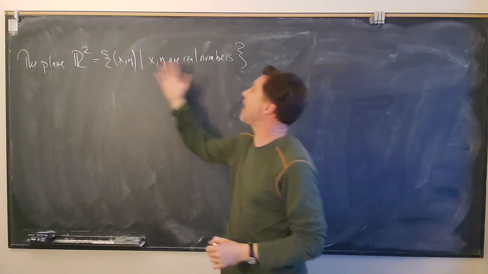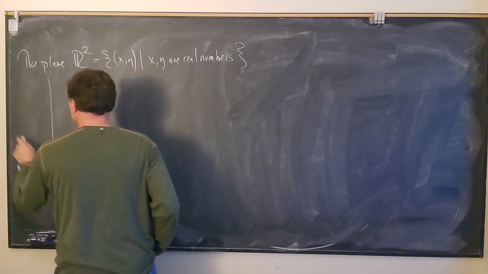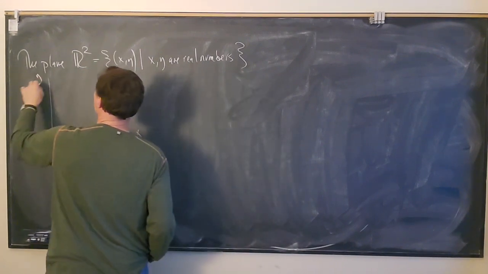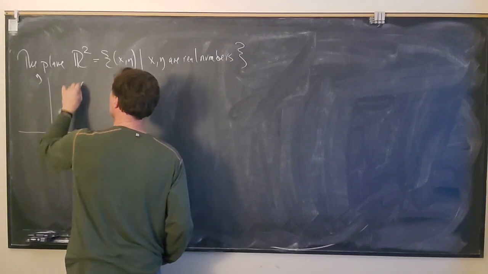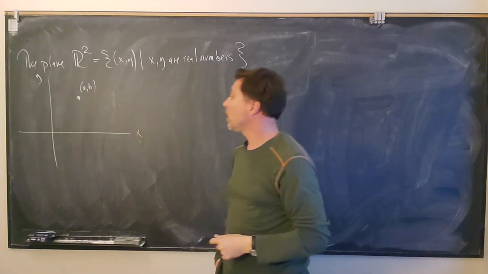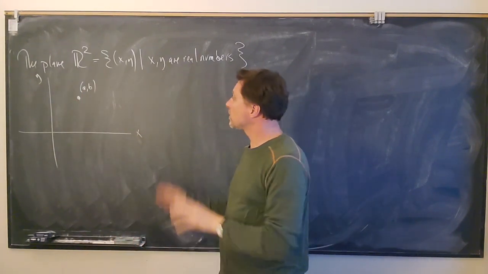So this is the set theoretic way to write the plane. And the picture looks like this. There's an x-axis, there's a y-axis, right? And so a typical point in the plane, I'll write it as a comma b, right? That's a particular choice of x and a particular choice of y. So that's the plane.